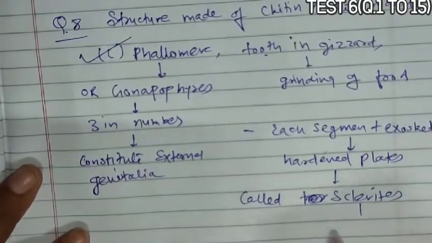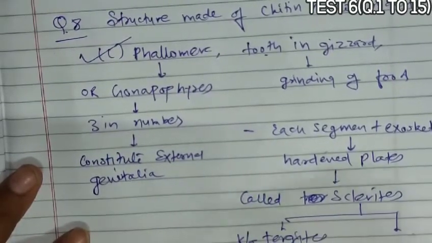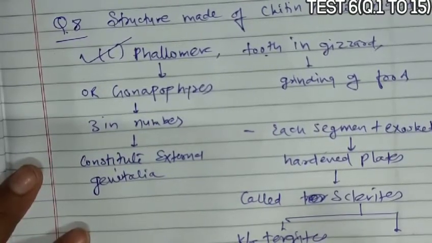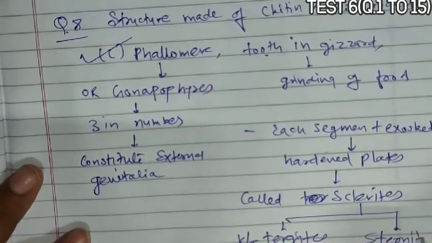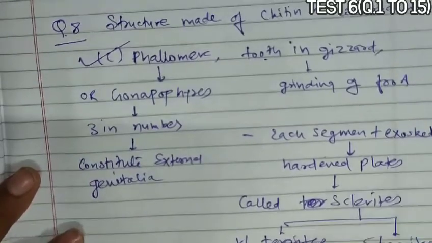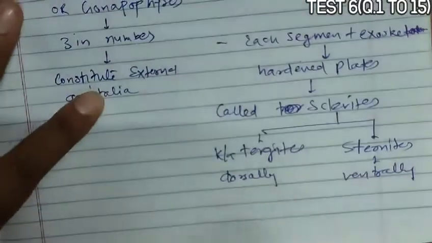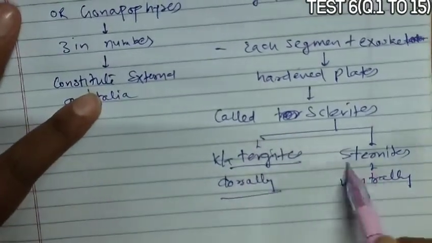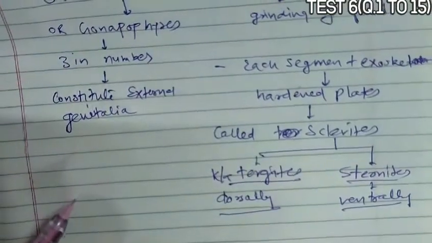These sclerites are known as tergites dorsally and sternites ventrally. They are called as tergites dorsally and sternites ventrally. So these are the three things where you will find a presence of chitin in a cockroach.